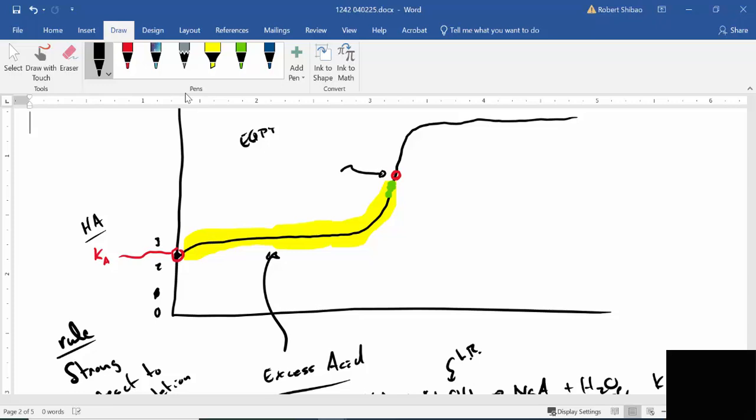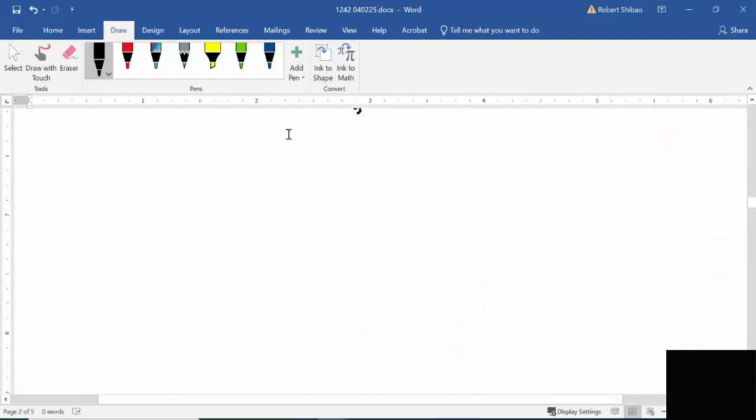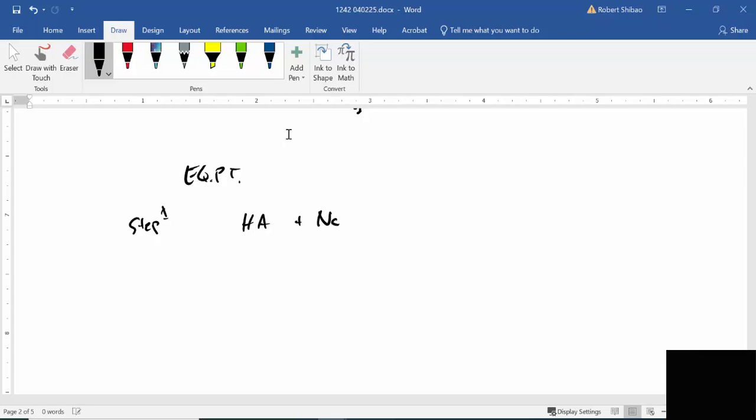Because at the equivalence point, we're going to have equal amounts, in other words, stoichiometric amounts of HA and sodium hydroxide.